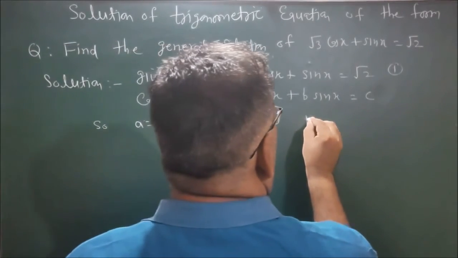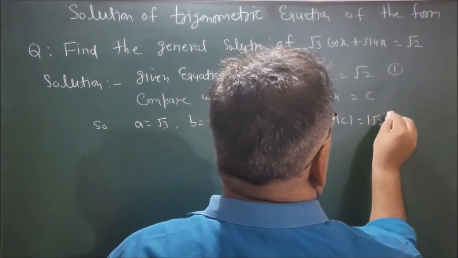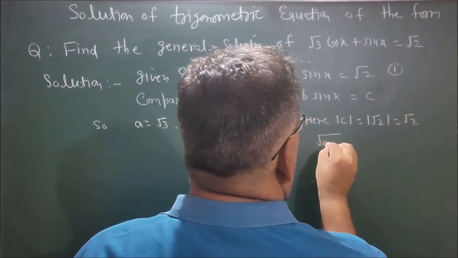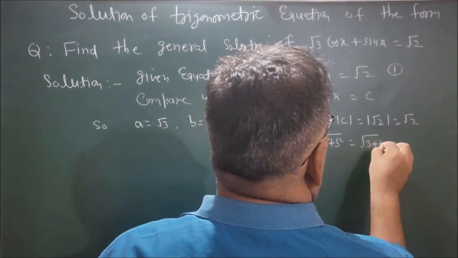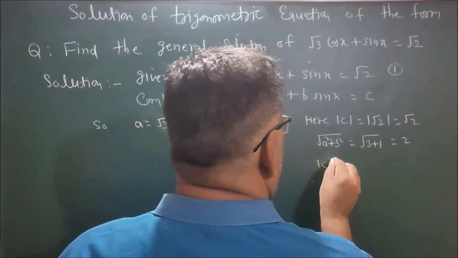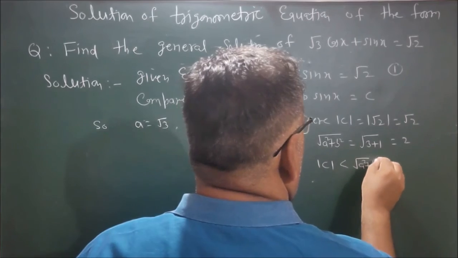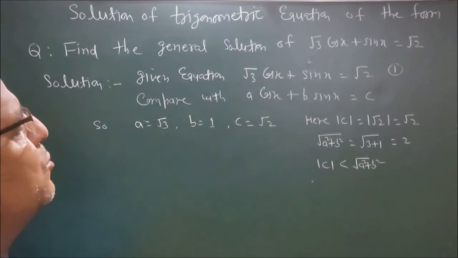Here mod c means mod root 2 equal to root 2. Under root of a square plus b square equals under root of 3 plus 1 equal to 2. So the magnitude of c is less than under root of a square plus b square. So the first condition is satisfied, that means the equation can be solved.